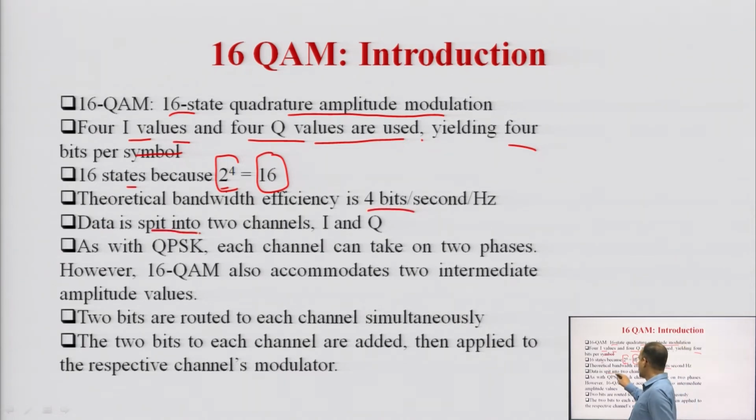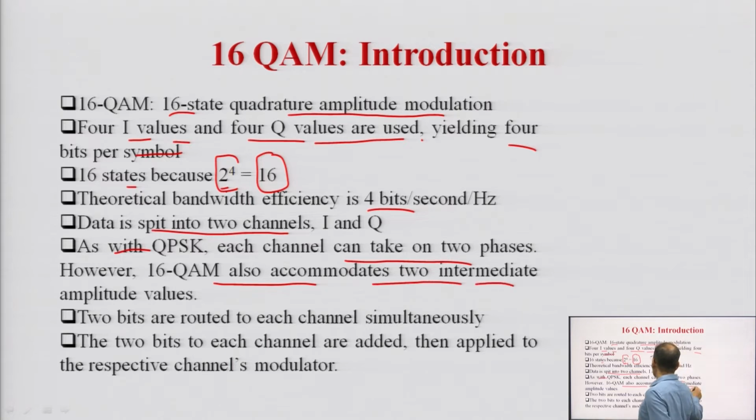So, data is split into 2 channels, the same as QPSK, I and Q, in-phase and quadrature. As with QPSK each channel can take on 2 phases, however 16 QAM also accommodates 2 intermediate amplitude states.